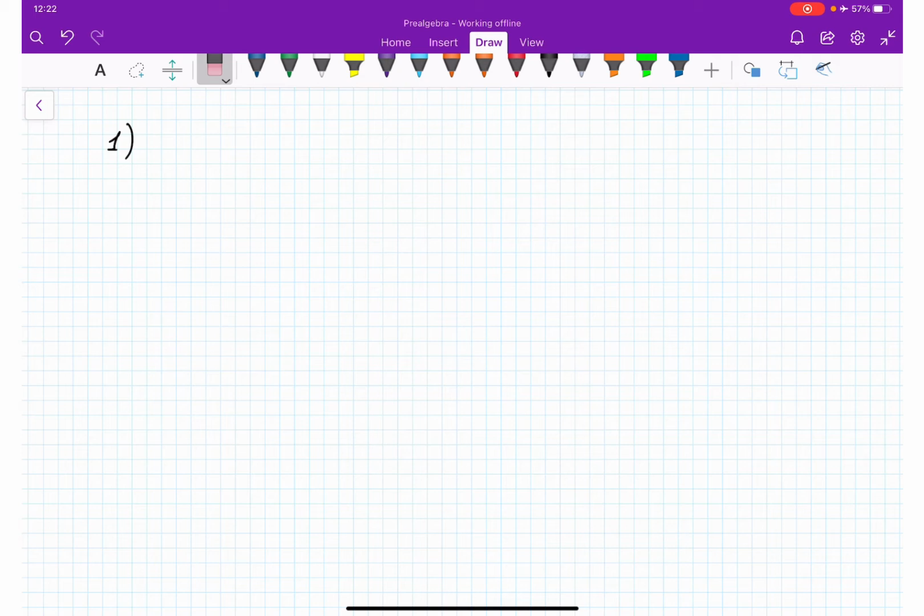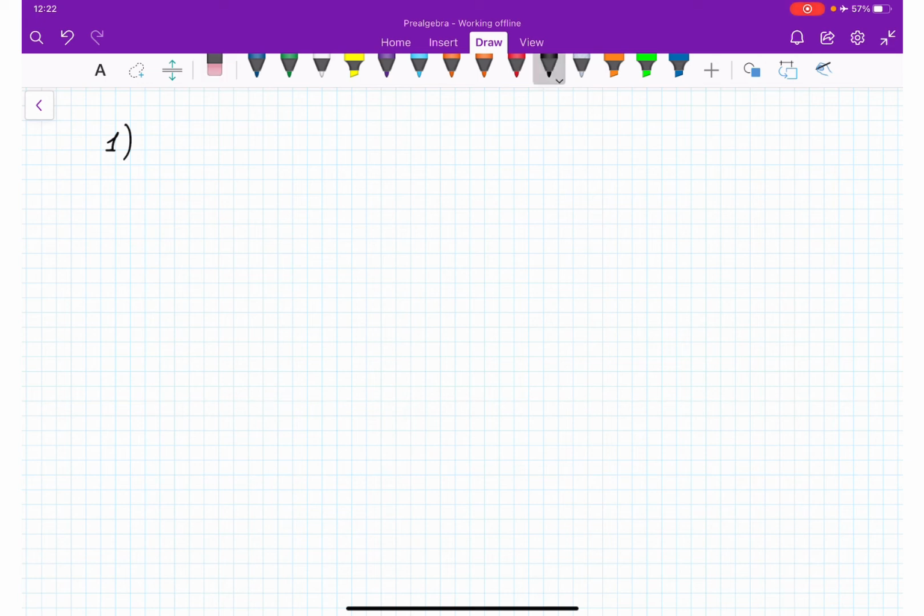Okay, we need to find the perimeter of the figure given on this paper. So what do we have? Something like that.